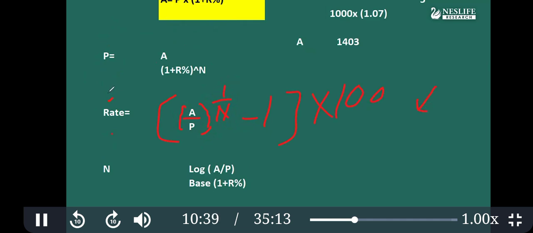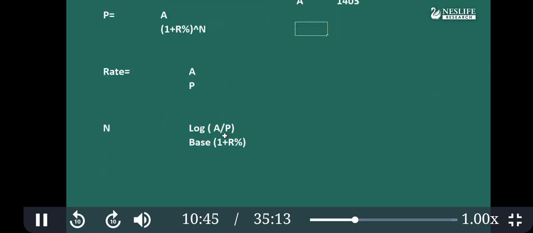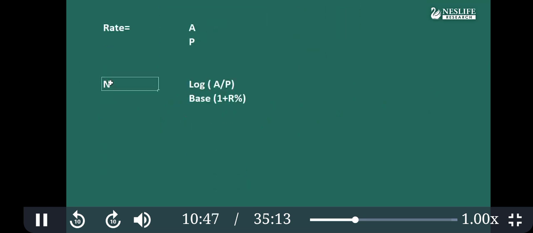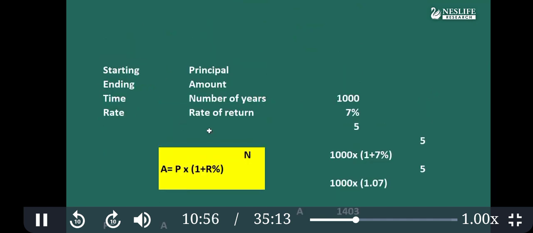This formula is used to calculate the retrospective rate, CAGR, and other rates of return. Similarly, we can calculate the number of years if A, P and rate are given. This is a little complicated, don't go into that detail, but it is possible. Okay, this is very simple. That means these are only four numbers, they are just rotating around.